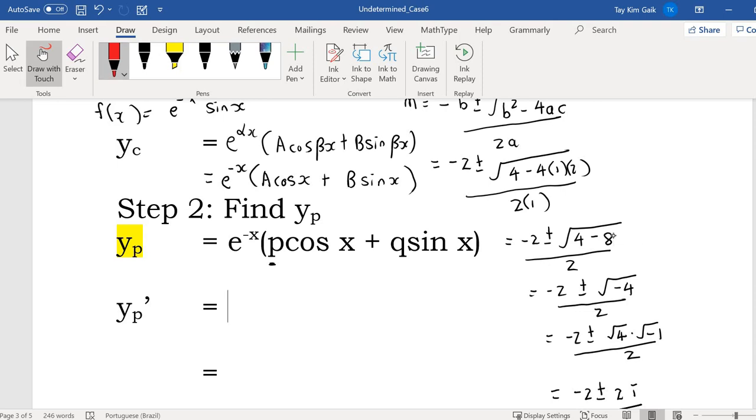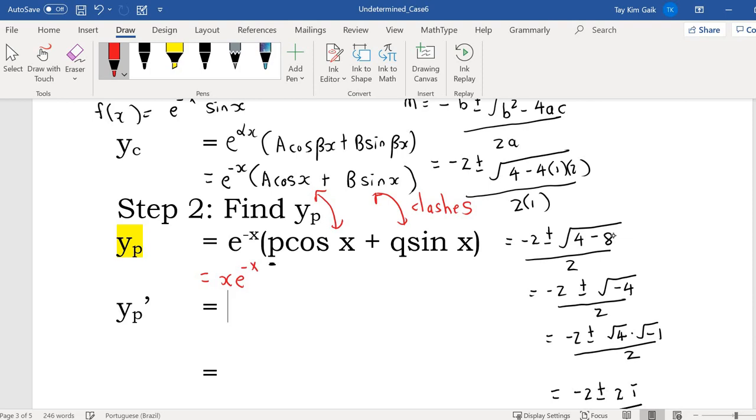So you notice e^(-x) p cos βx, actually they are clashing. Okay, that's why for the yp, you have to multiply it by x.